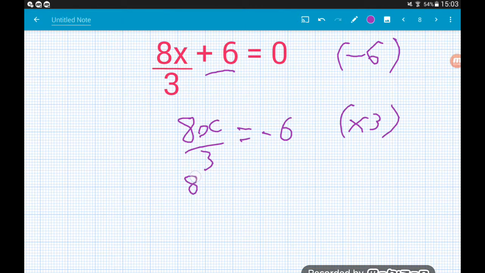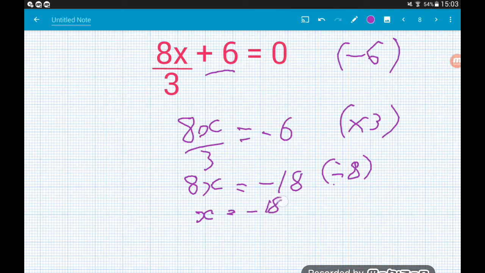That leaves us with 8x equals minus 18. And then finally, let's divide by the 8. So that will leave us with 1x is equal to minus 18 divided by 8.